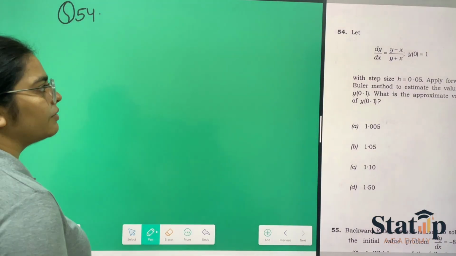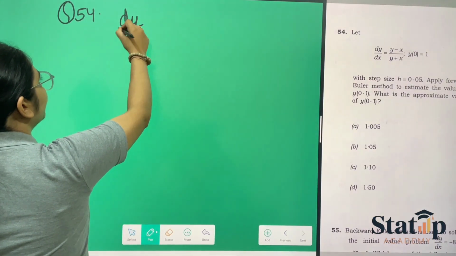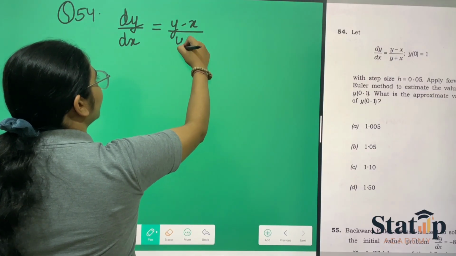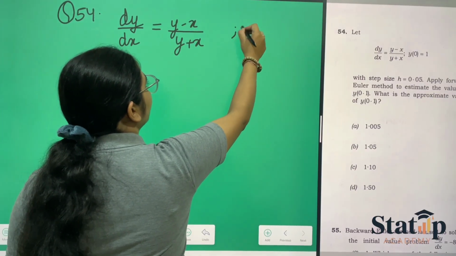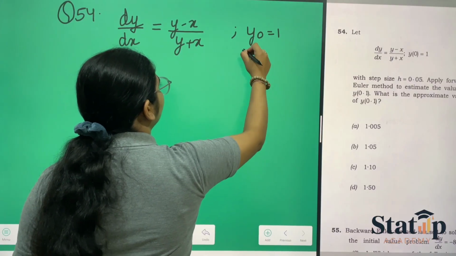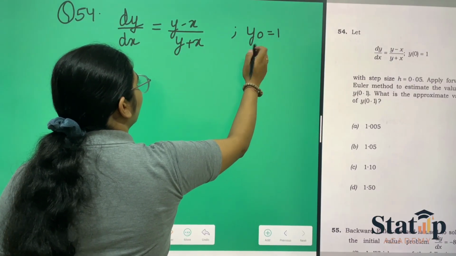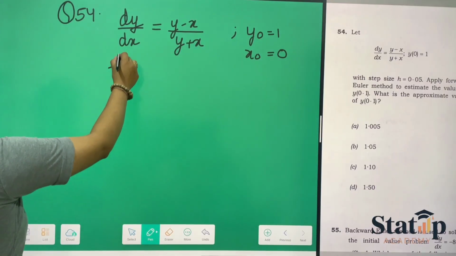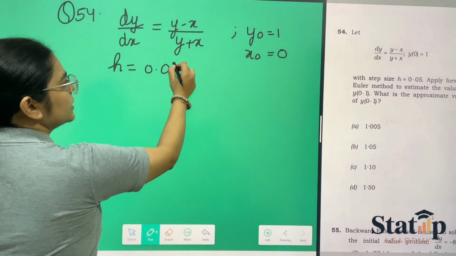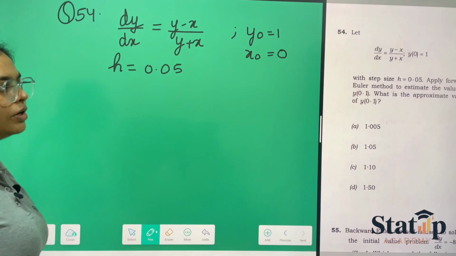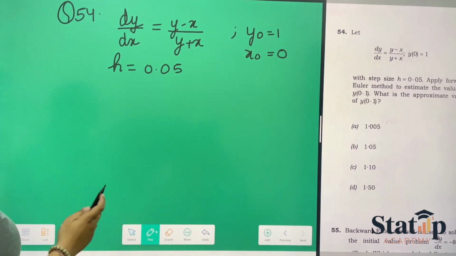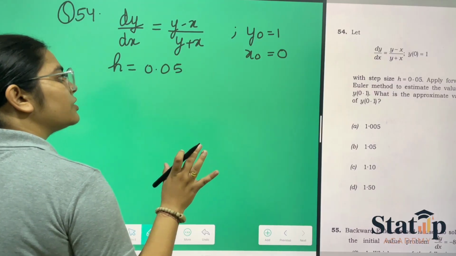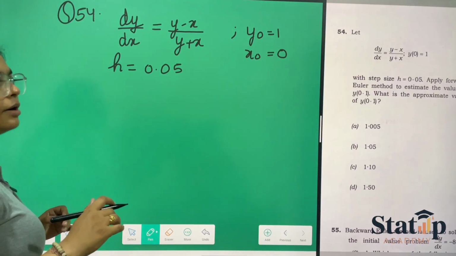Here they have given us dy by dx is equal to y minus x upon y plus x, and y naught has the value 1 and x naught has the value 0, and step size has the value 0.05. We have to apply forward Euler's method to estimate the value of y at 0.1. So to calculate y at 0.1, first of all we have to calculate y at 0.05.